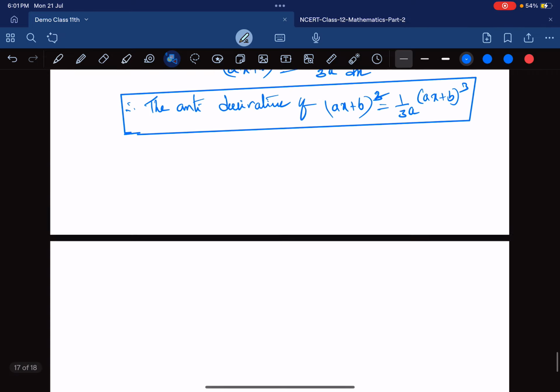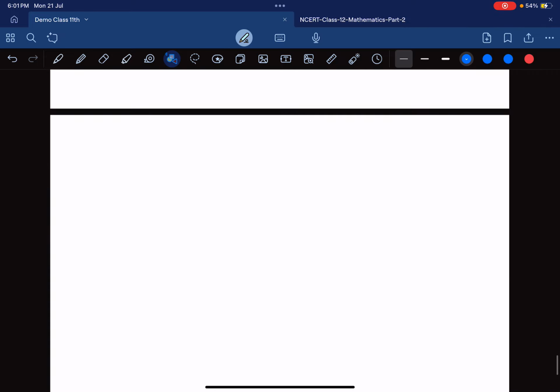Now we have the fifth problem, that is, find the antiderivative of sin 2x minus 4 times e power 3x. So we know sin 2x.